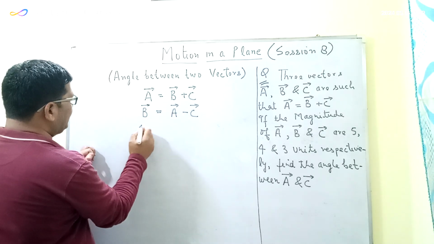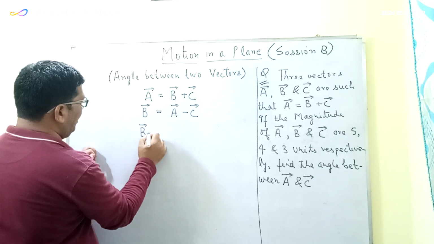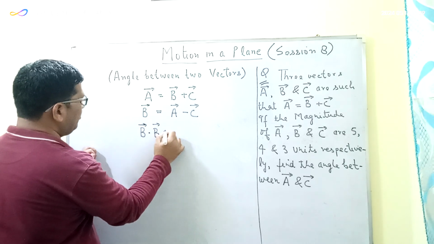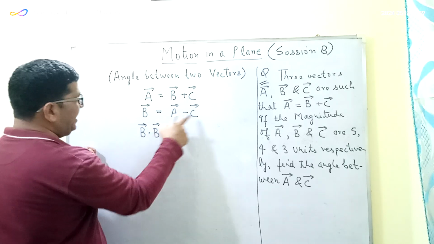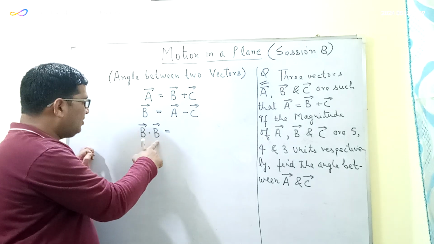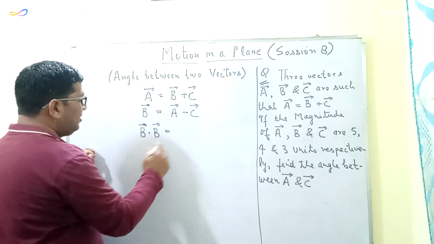Now the second step: I will be writing this equation as vector B dot vector B. This is the dot product of two vectors.